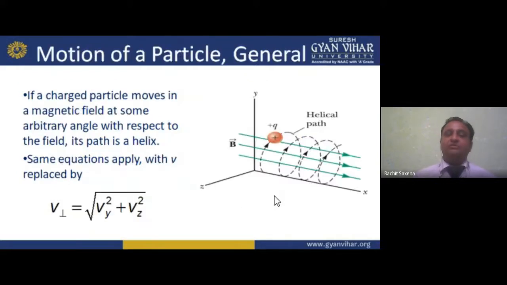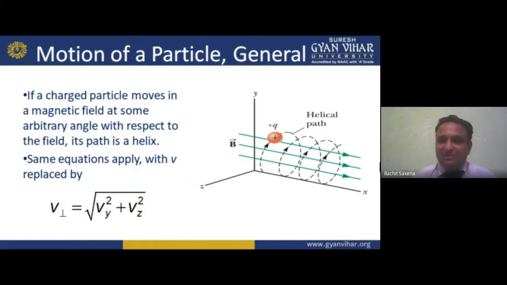Now moving forward, the motion of a particle in general. If a charged particle moves in a magnetic field at some arbitrary angle, meaning a chosen angle, with respect to the field, its path is a helix.